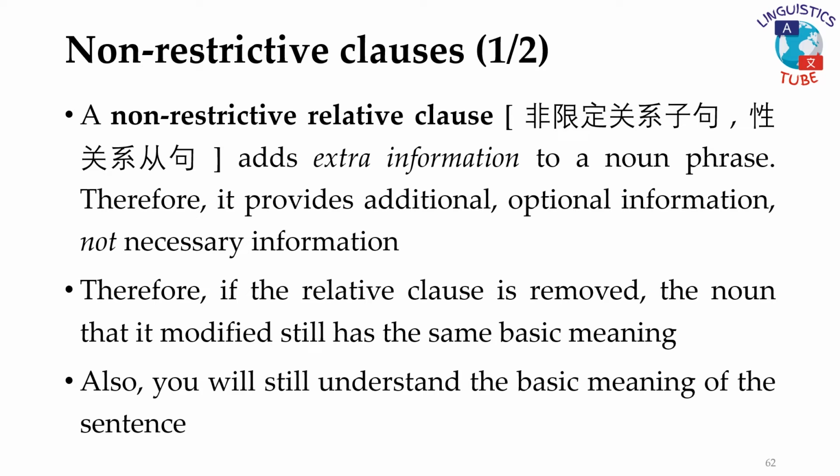This means that if this kind of relative clause is removed, the noun that it modified still has the same basic meaning, and you will still understand the basic meaning of the sentence. Thus, the noun was not constrained or limited by the relative clause, so its basic meaning is still intact.